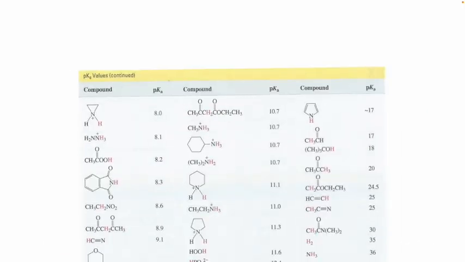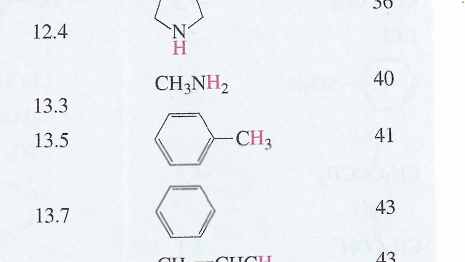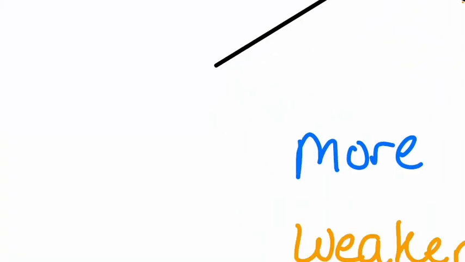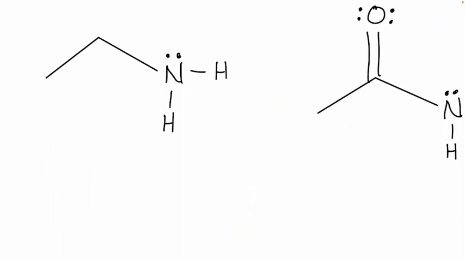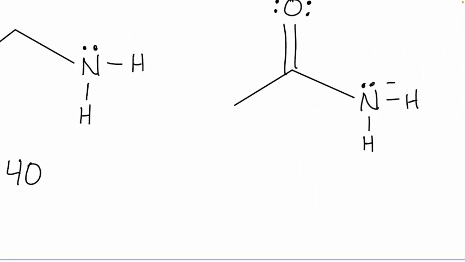I'm kind of realizing I shot myself in the foot a little bit. We're going to have to approximate our ethylamine with methylamine here. This has one fewer carbon, but it's going to be about the same. So we're going to call this one 40. Then I'm going to give you a second to find this other one on our chart here.